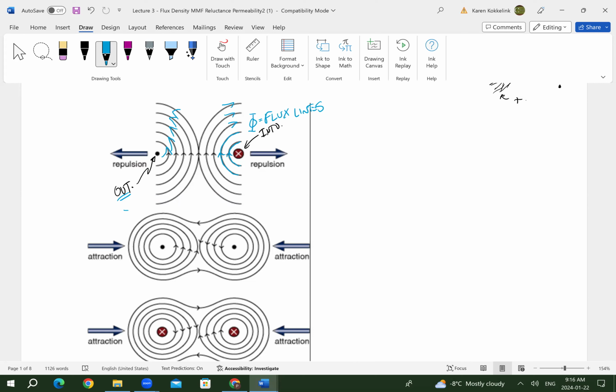Similarly, on this side, we're going into the page. So my thumb is pointed down to the ground, and my fingers are saying this field line is going this way. So we have magnetic field lines going this way, and magnetic field lines going this way. When I take that to the extreme and they try to join, we can see that they do not join. Down here, it's very clear that the directions are opposite.